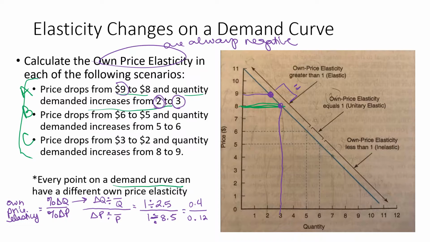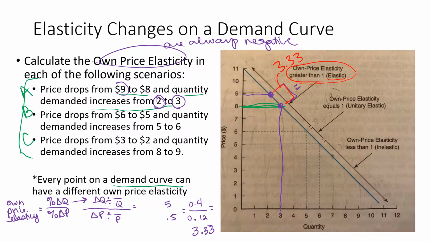So the own price elasticity from here to here is 3.33. And we note, as the chart says, that it is greater than 1 at this point. So at those price and quantity points, this item is elastic because the own price elasticity is greater than 1.